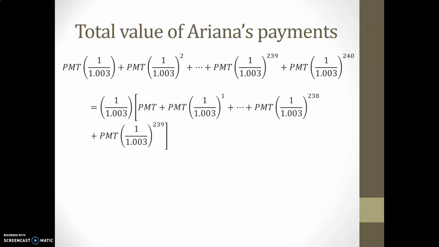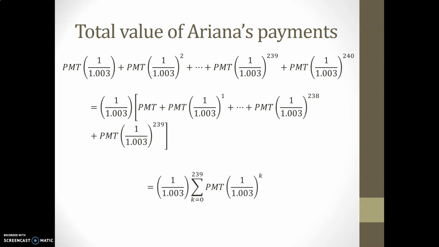You'll notice that 1 over 1.003 is a common factor of all of the different payments that show up. I could actually have factored PMT as well. So I chose to leave it in that bigger bracket. And perhaps you'll notice that within those square brackets is the exact appearance of a geometric series.